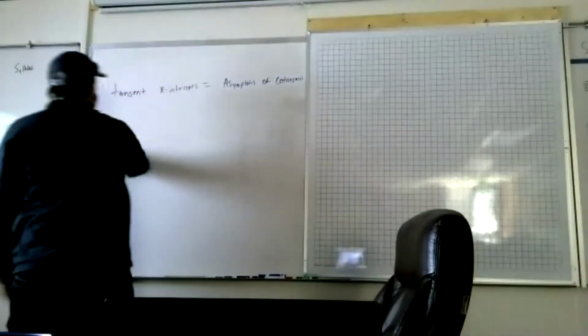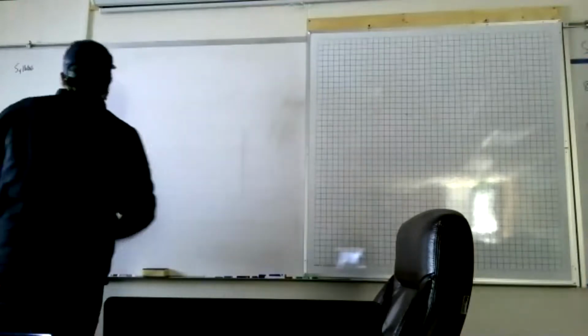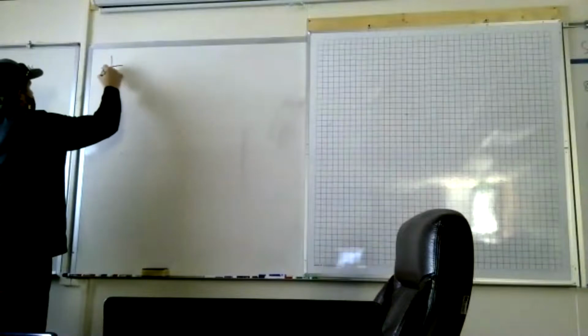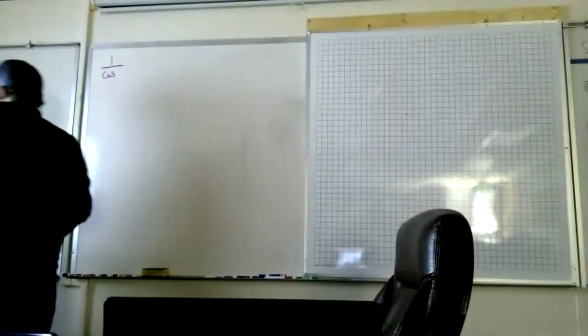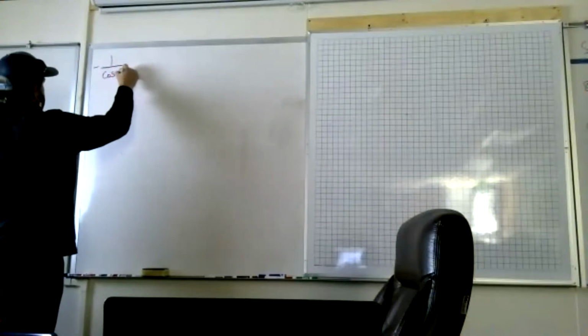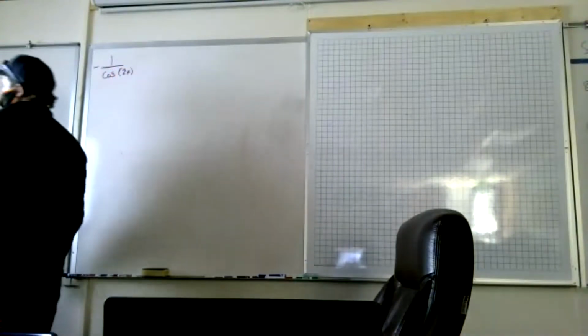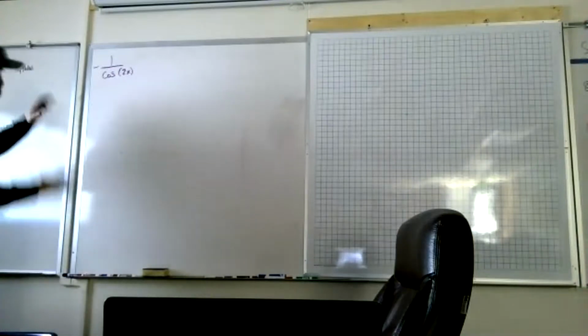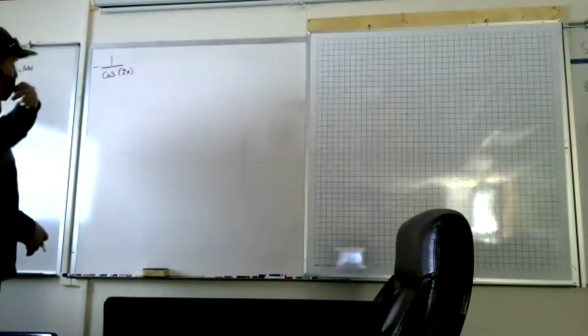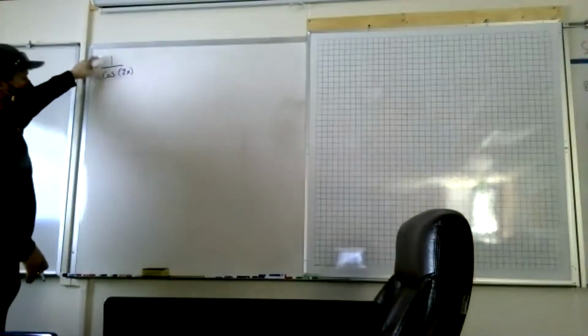And that's what I'm doing, because to input secant and cosecant into a graphing calculator, you literally have to put 1 over cosine. So this is what we're really graphing: negative 1 over the cosine of 2x. Okay, that's legitimately what we're graphing. We just call that a negative secant of 2x because it's the reciprocal.